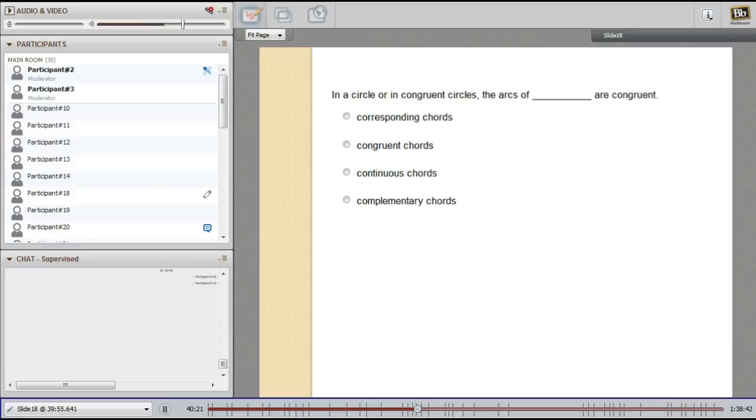So A, B, C, or D for this one. In a circle or in congruent circles, the arcs of blank are congruent. Is it corresponding chords, congruent chords, continuous chords, or complementary chords?